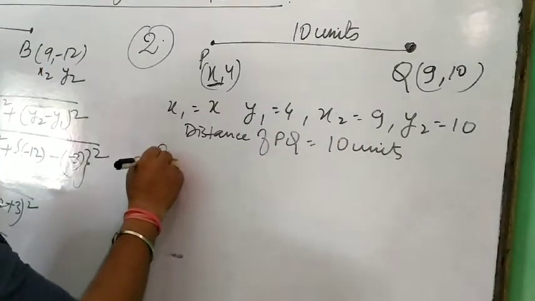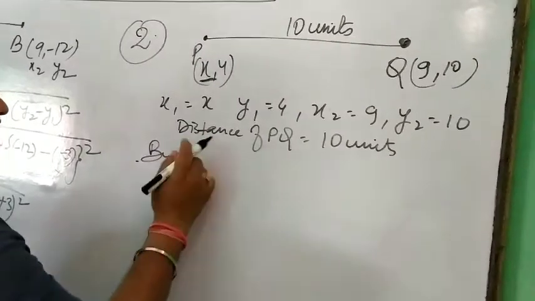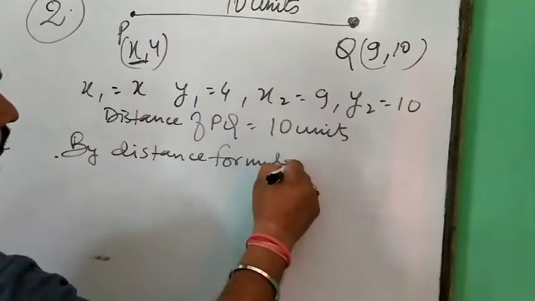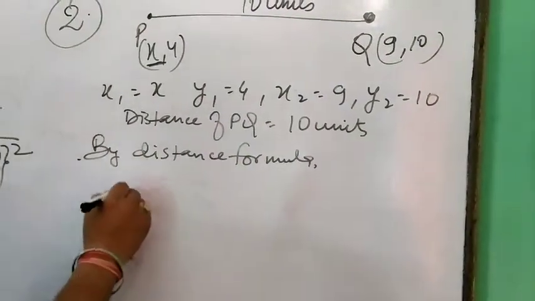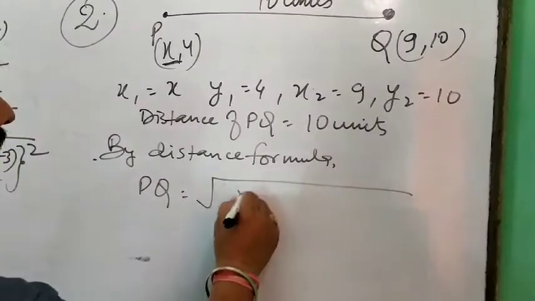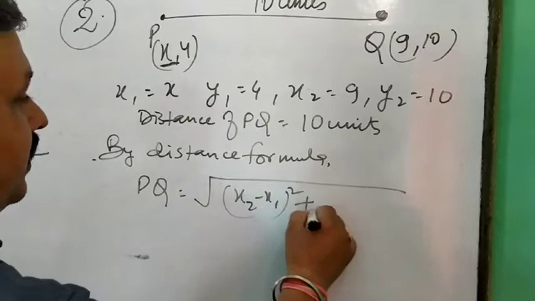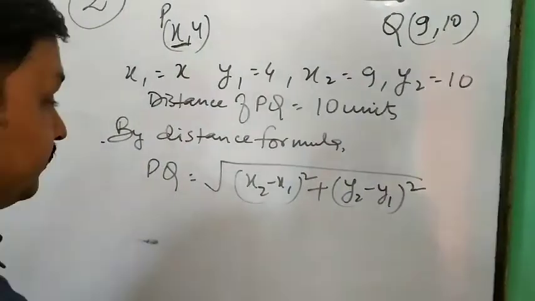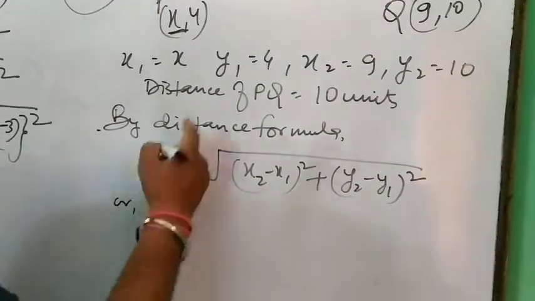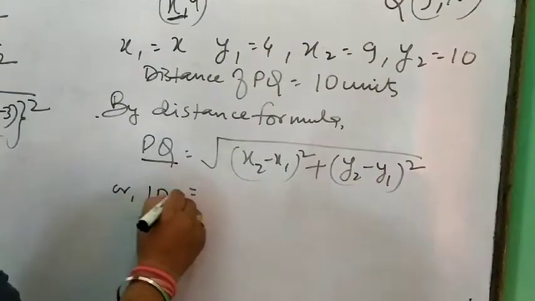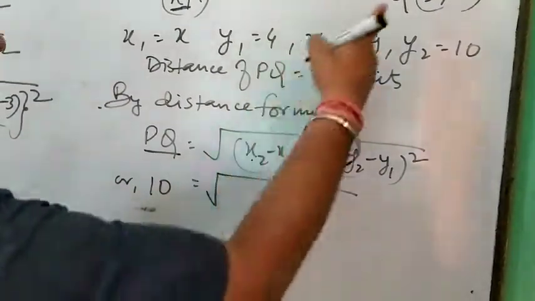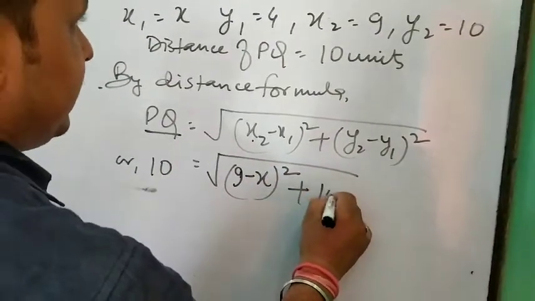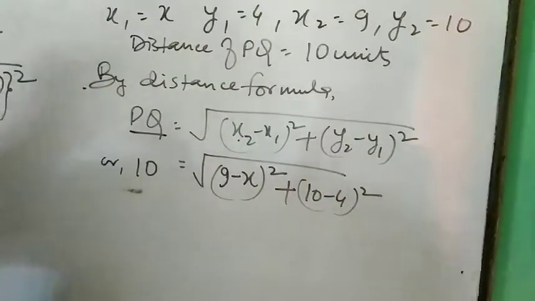So by distance formula, PQ equals root under x2 minus x1 the whole square plus y2 minus y1 the whole square. So PQ equals 10, and that means root under 9 minus x the whole square plus 10 minus 4 the whole square.